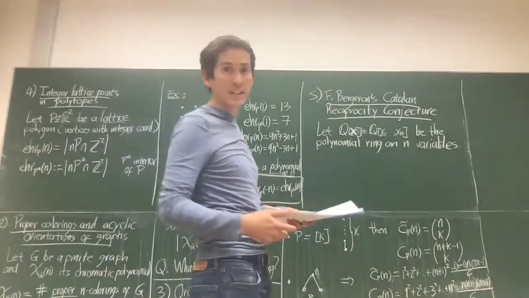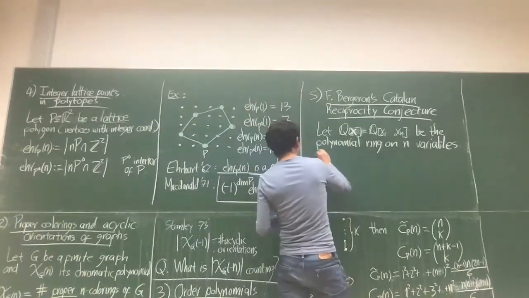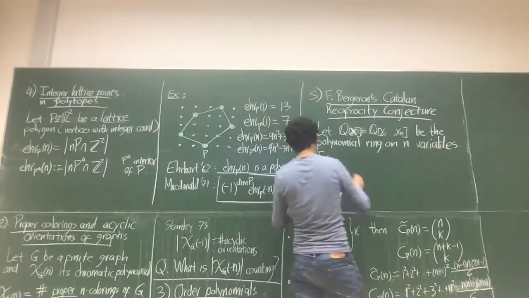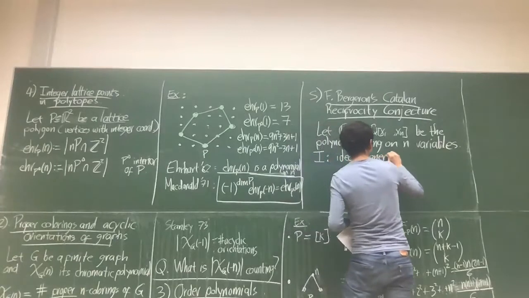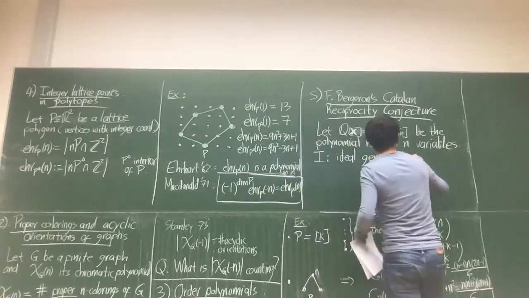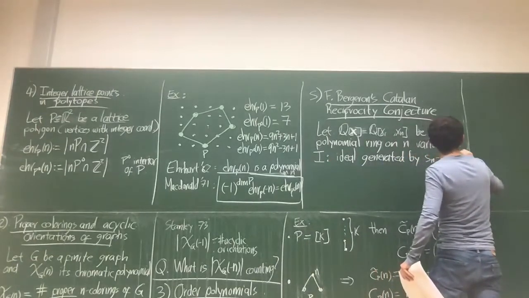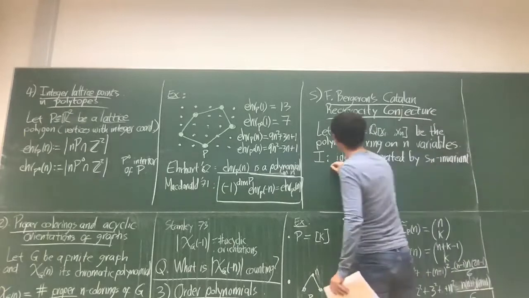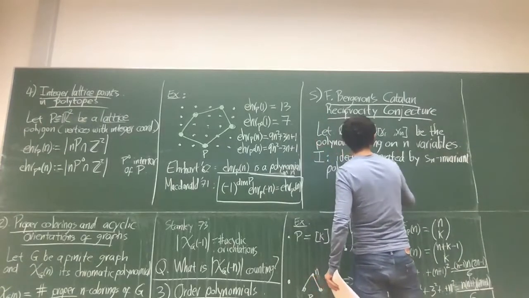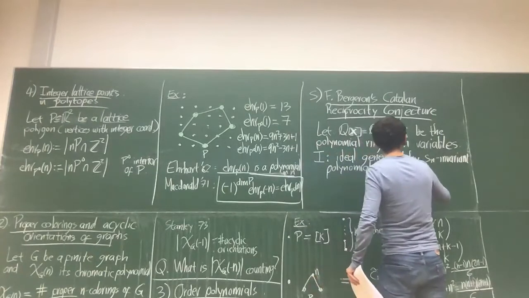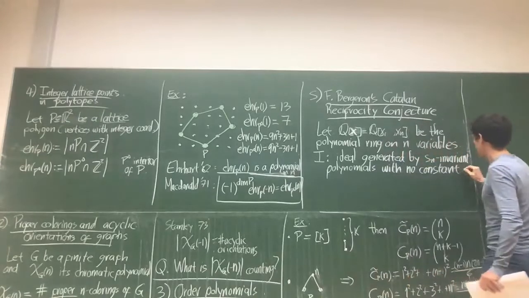Now let me take I. This is going to be the ideal generated by Sn-invariant polynomials with no constant term.